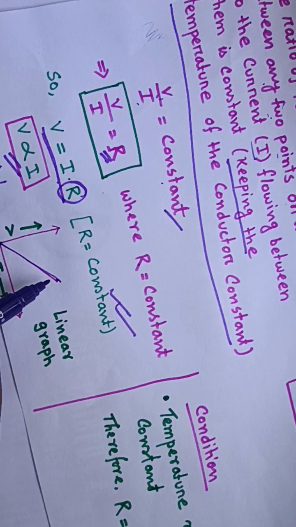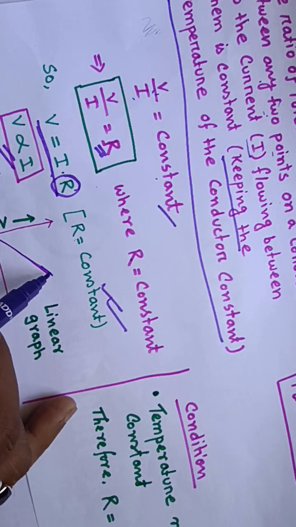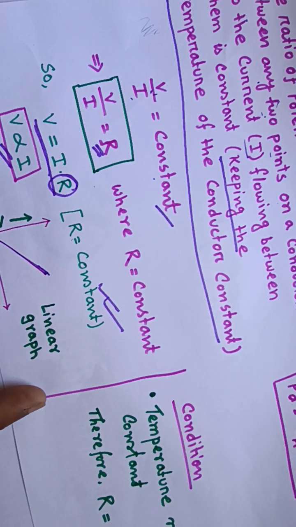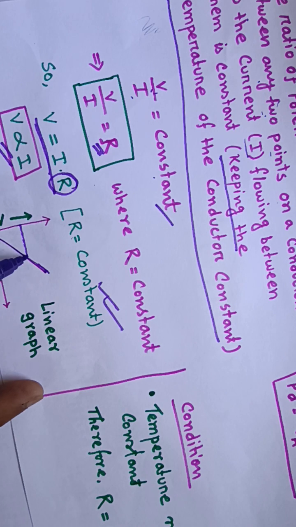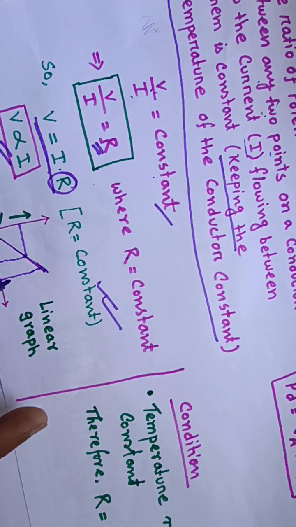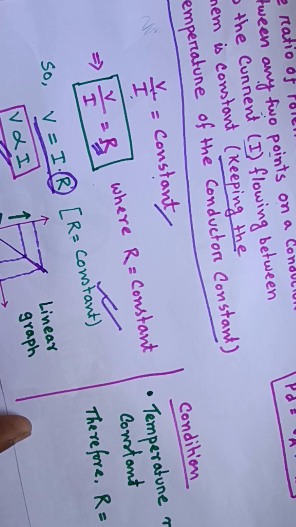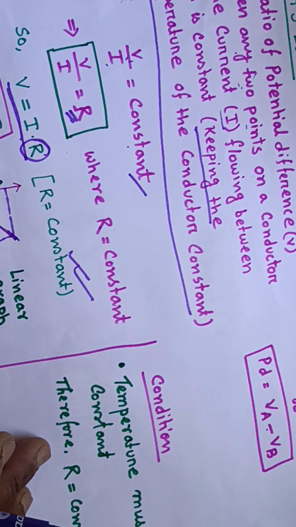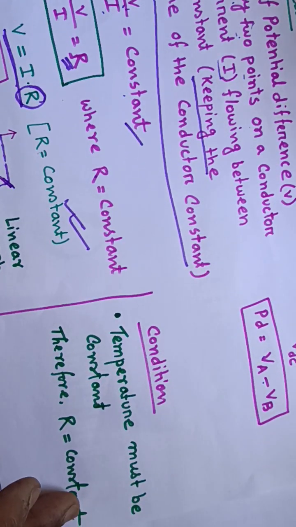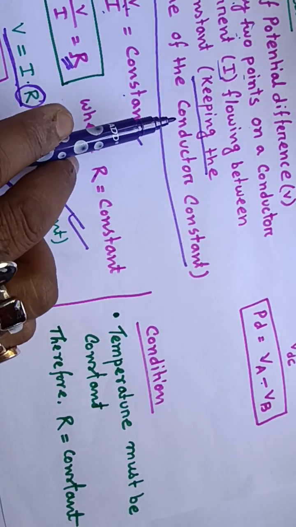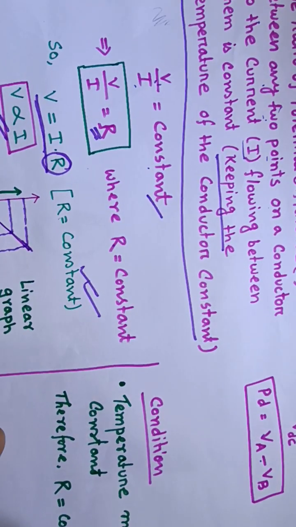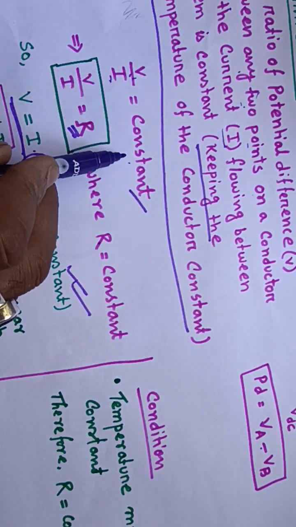Okay, passing through origin. So in the graphical representation, you can see if the value of current increases, then its corresponding voltage also increases, right? If the value of current increases, then the corresponding voltage also increases. Okay. So final conclusion is, according to Ohm's law, the ratio of voltage by current is constant.